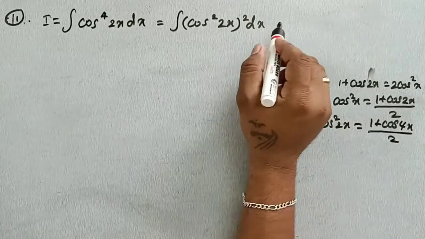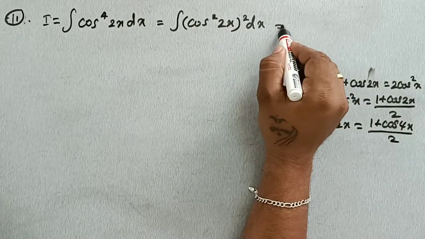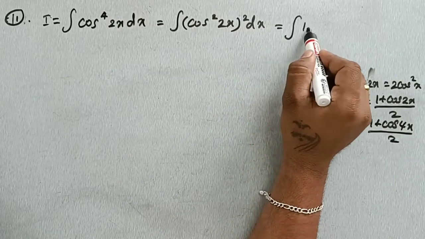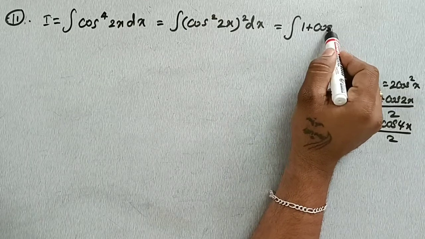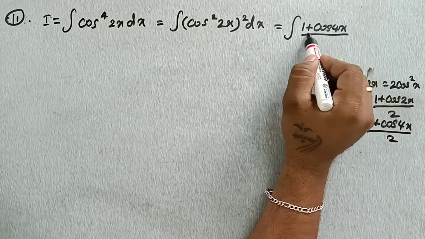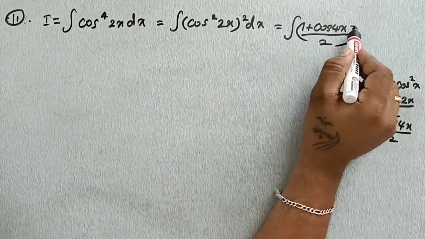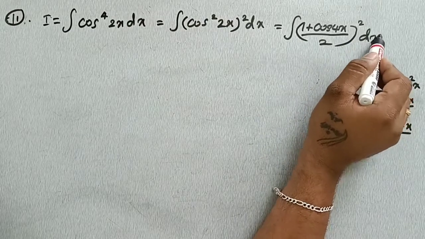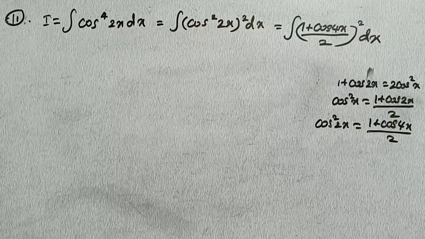I am going to replace that here. So integral of ((1 plus cos 4x) divided by 2) whole square dx will come.